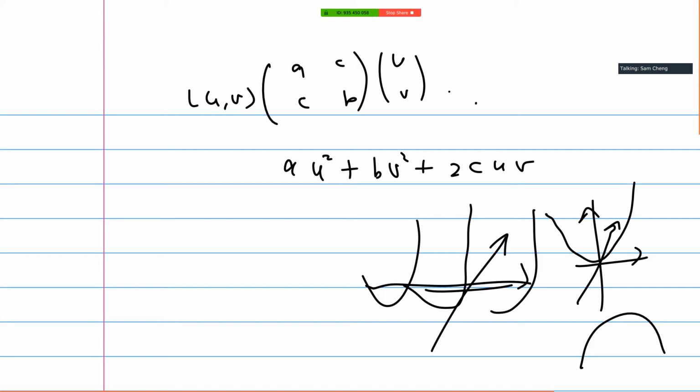I don't know whether you get what I mean: in one direction it's going up, and in the other direction it's just not changing at all. Or you can have an even fatter one, say.